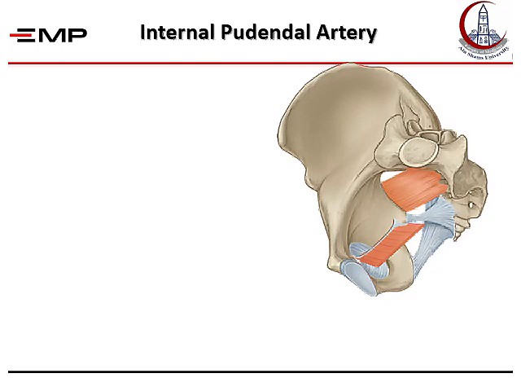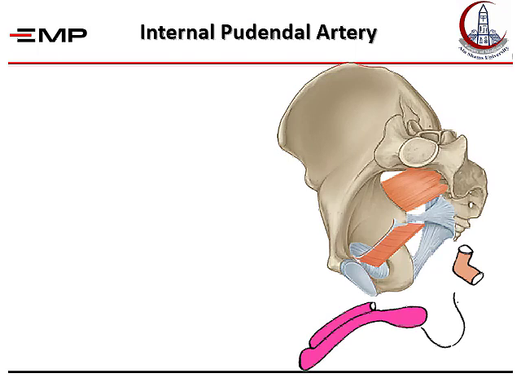Now let's study those structures. At first, the internal pudendal artery. Here again, this is the sacrospinous ligament. This is the sacrotuberous ligament. This is the piriformis muscle, subdividing the greater sciatic foramen into a part above it and a part below it. This is the lesser sciatic foramen.